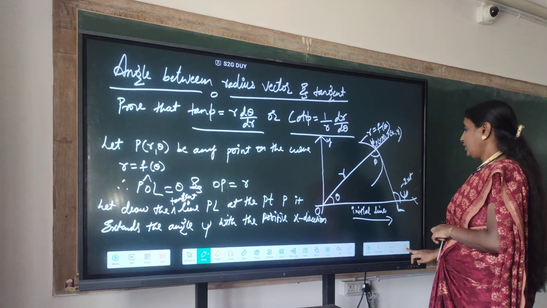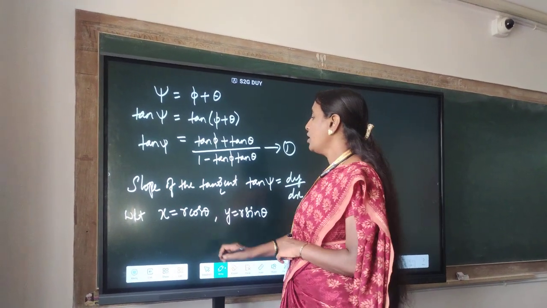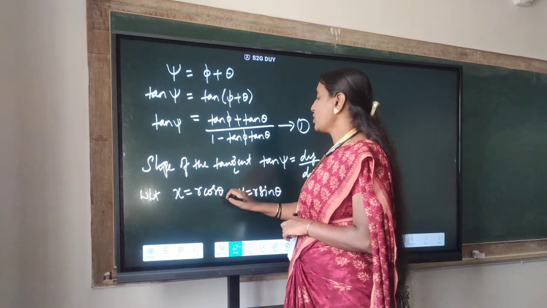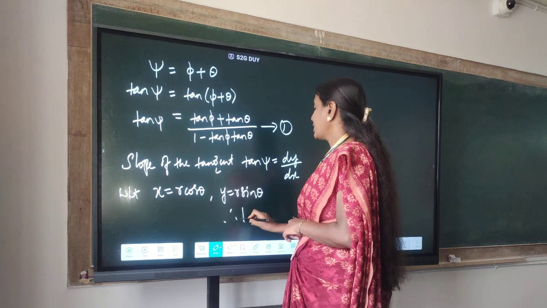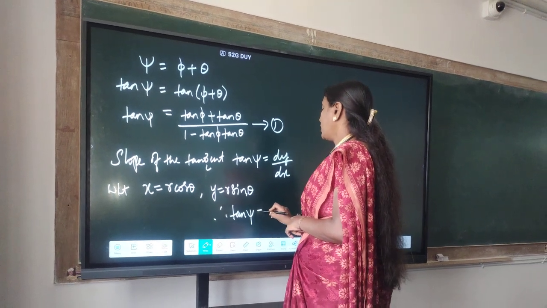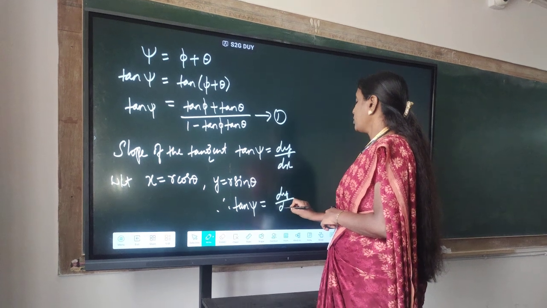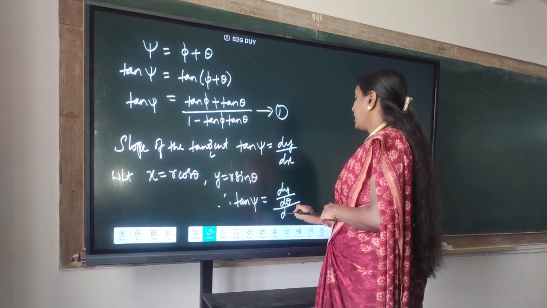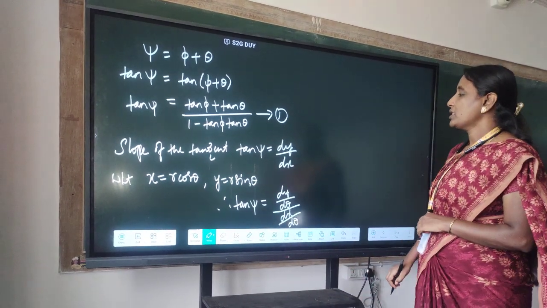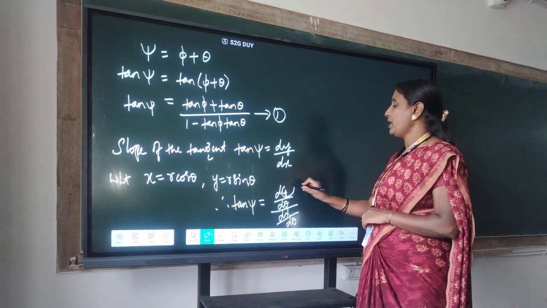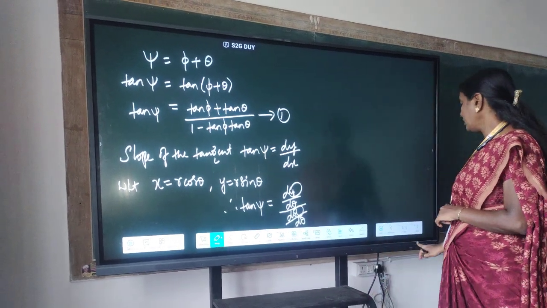So we can take x equals r cos theta and y equals r sin theta. Because x and y are functions of theta, we can rewrite the above slope of the tangent. We will substitute y as r sin theta and x as r cos theta.